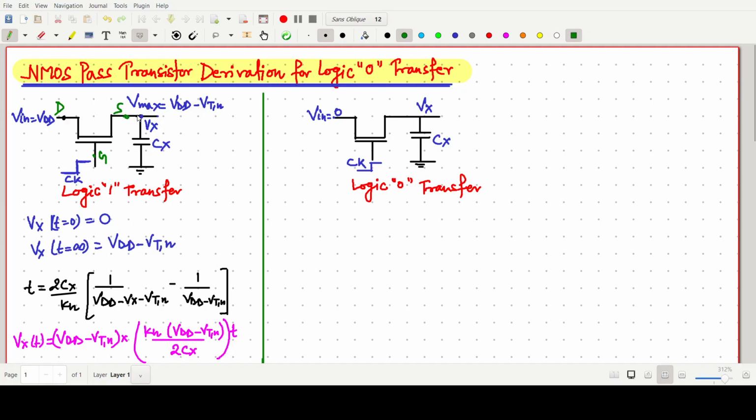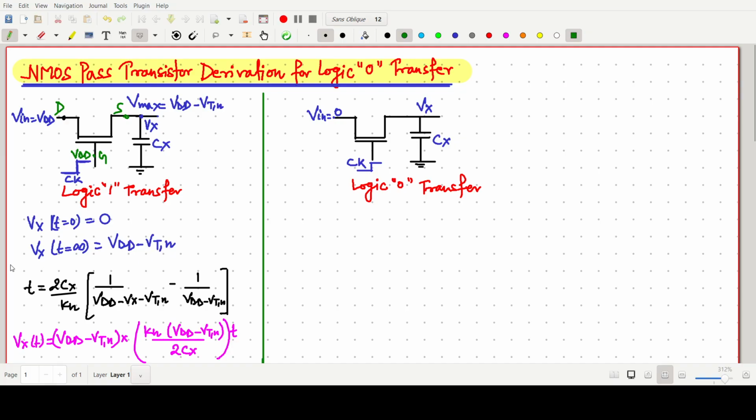The maximum voltage when we are giving the VDD value across the drain side as input, and we are giving a high value of clock, that is, simply, VDD, then the maximum voltage across the source will go up to VDD minus VTN for logic 1 transfer. So we have assumed that initially Vx at t equals 0 is 0, and Vx at t equals infinity will become VDD minus VTN.